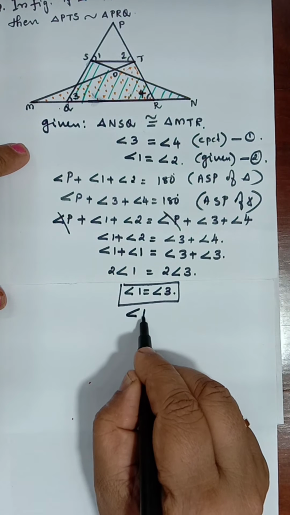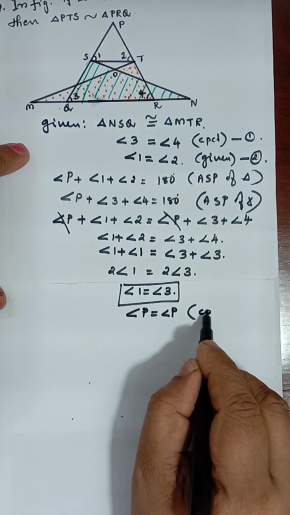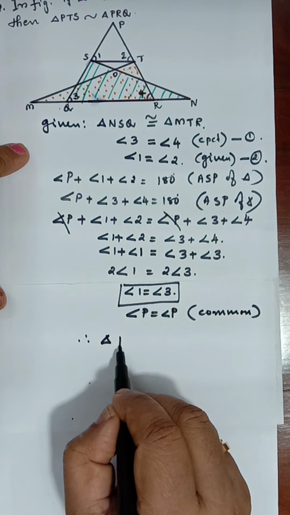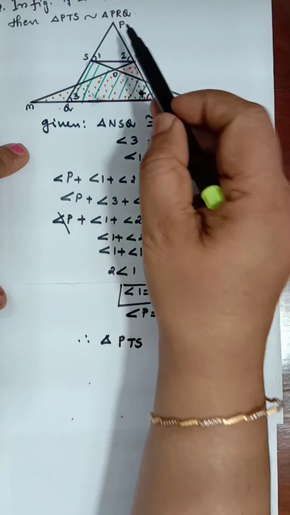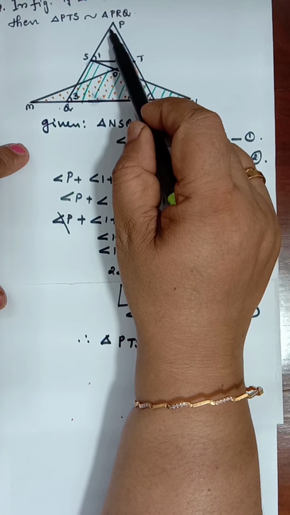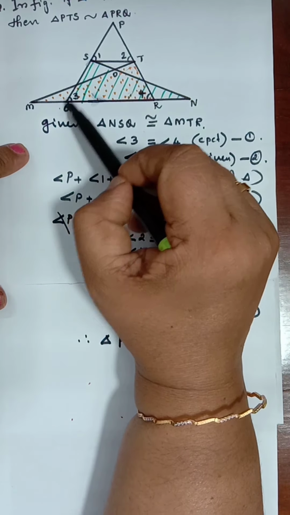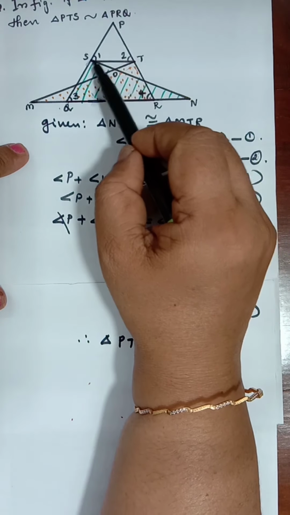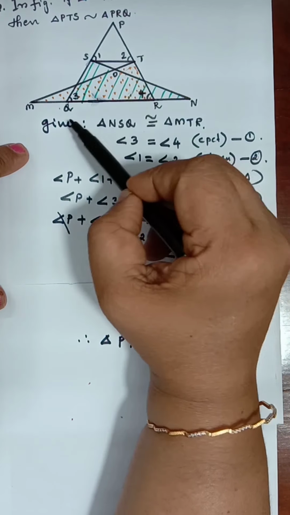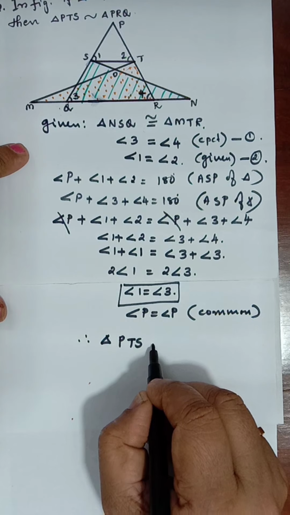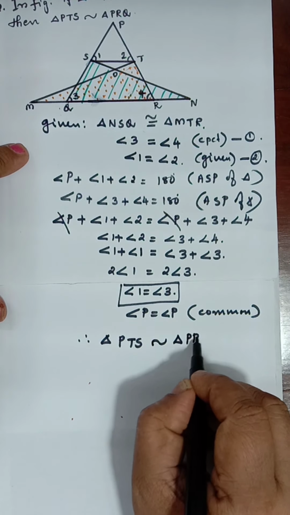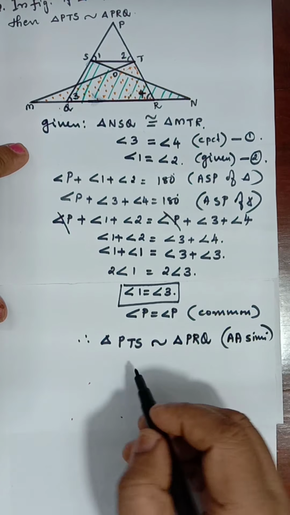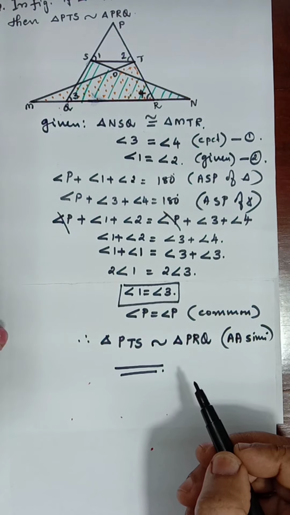Angle P is equal to angle P. Therefore, we can say triangle PTS, for which angle P is there, and for PRQ also angle P is there. Then angle 1 is equal to angle 3, 1 is of PTS and angle 3 is of PRQ. That is how triangle PTS is similar to triangle PRQ. It is by AA similarity criterion. This is how we can prove that these two triangles are similar.